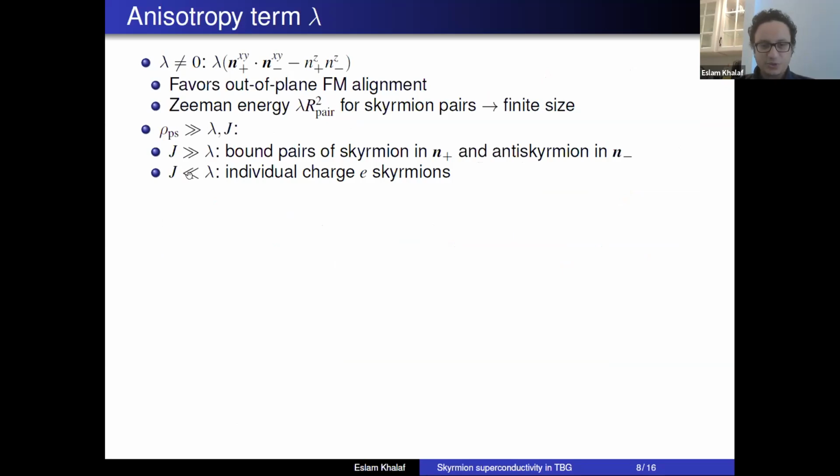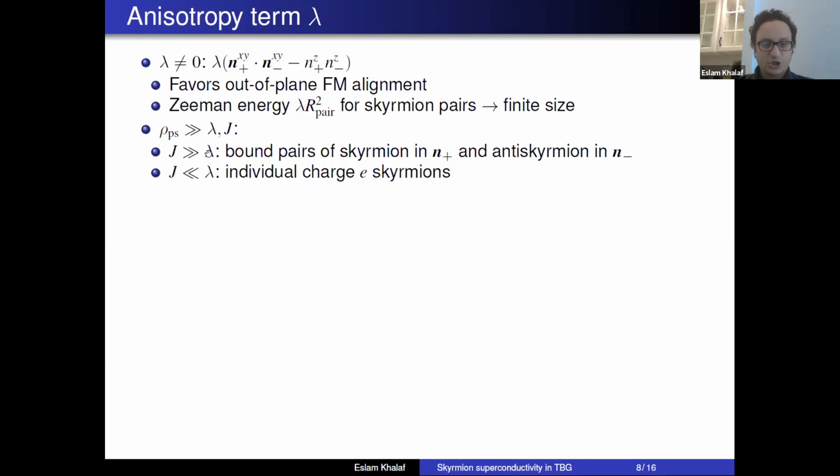But to understand this competition, it's important to first consider the limit where the pseudospin stiffness is the largest energy scale in the problem. In this limit, we can consider the skyrmions to have a frozen shape. So their only degree of freedom is their size. In this case, the only thing we can do is just to change their size and change their location. And then we have two options.